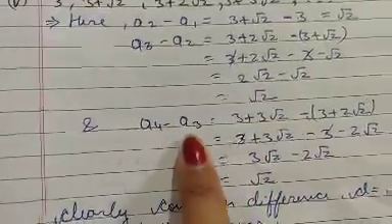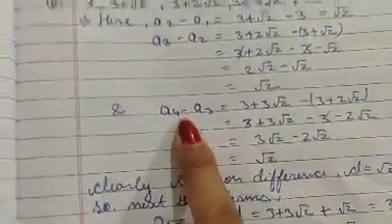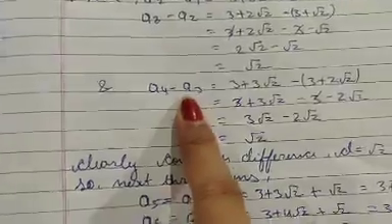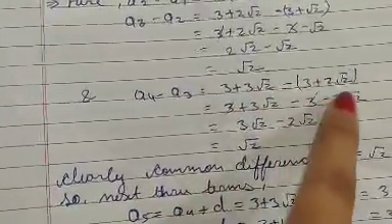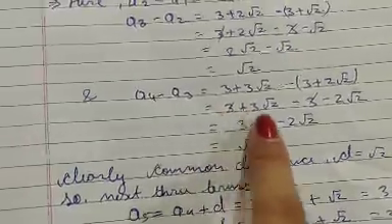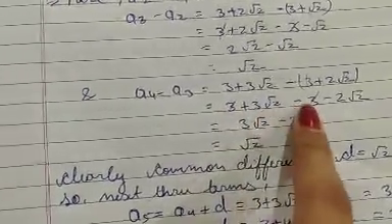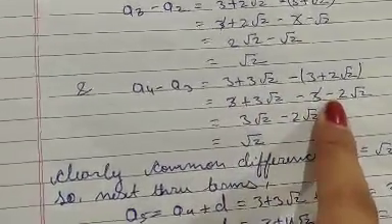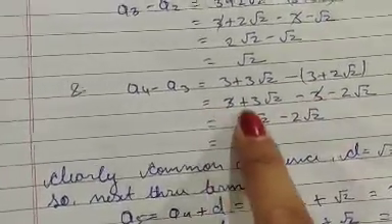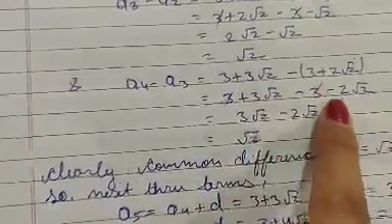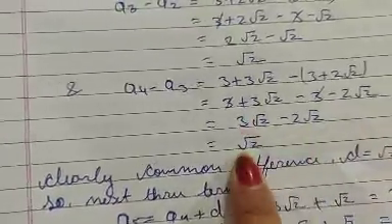And now a4 minus a3, the fourth term subtracted by the third term, is 3 plus 3 root 2 minus (3 plus 2 root 2). So 3 plus 3 root 2 minus 3 minus 2 root 2, and plus 3 minus 3 cancel out. Now 3 root 2 minus 2 root 2, the remainder is root 2.